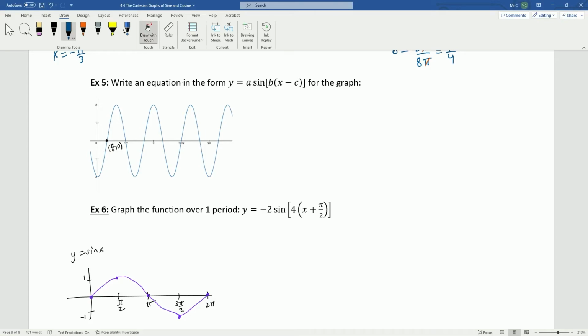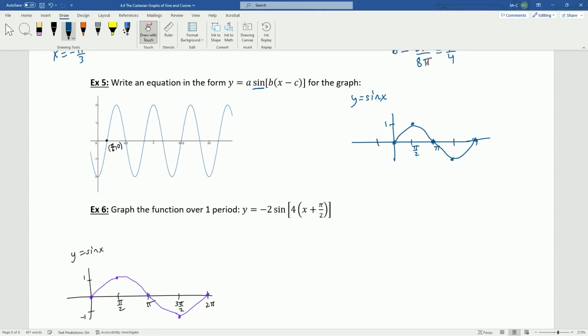And the other key thing is you have to be thinking about what the original graph is, what sine is, so that you can think of your shift in terms of sine. So if I think of y equals sine of x, the Cartesian graph for this thing, sine of 0 is 0, sine of pi over 2 is 1, sine of pi is 0.